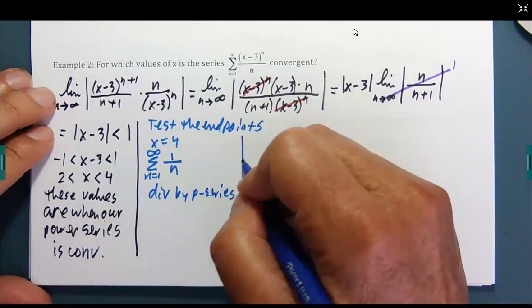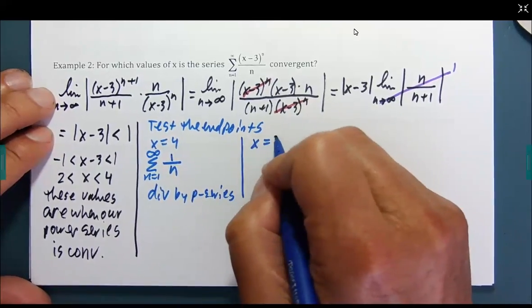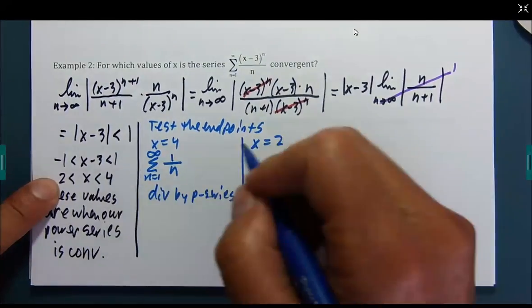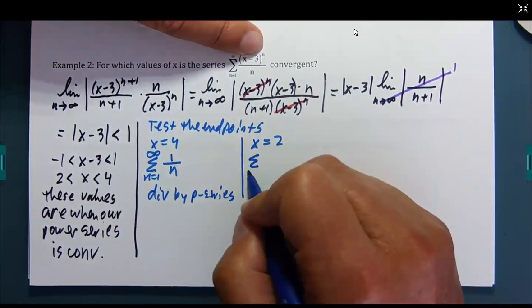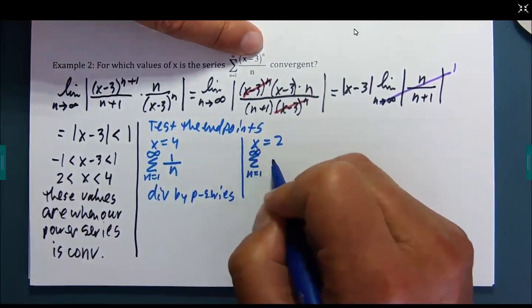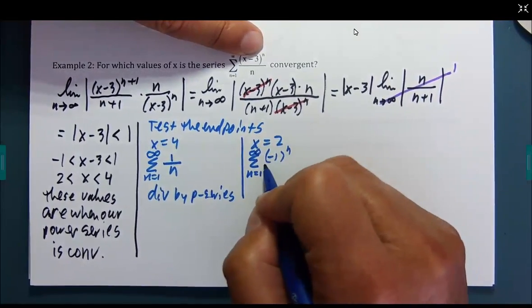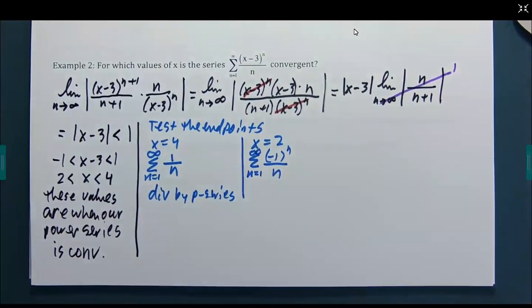Now, let's test x equals 2. That's the other endpoint. You see 2 minus 3 gives me negative 1. So now we have this.